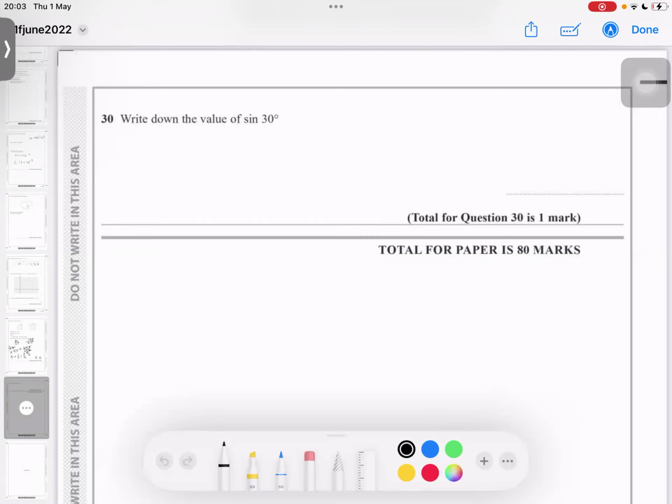Yes, 0.5. So you said this is the last question, right? Yes.